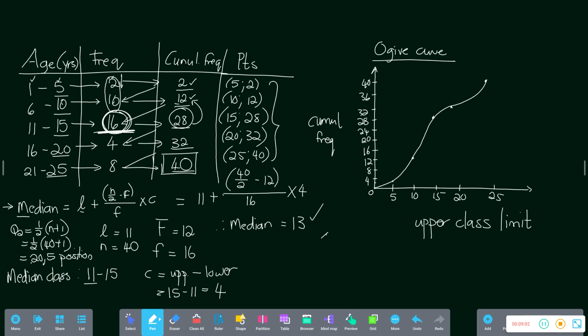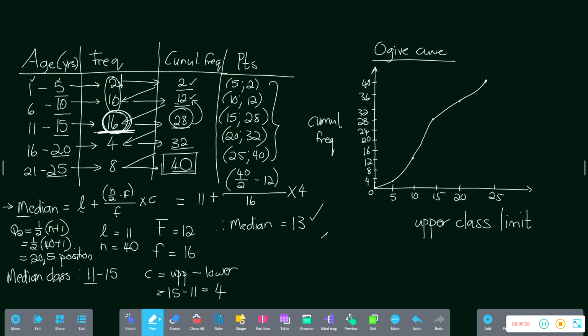Oh, I think here maybe it shouldn't be concave. Let's see, 15, 28, 20, and 32. So, yeah, something like that. Okay, so now we have drawn the Ogive curve.